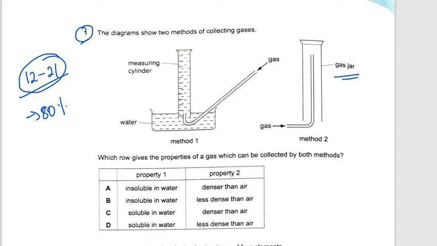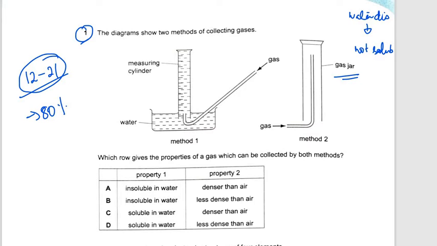I have already talked about this in the previous video, but for someone who is new, the water displacement method is used for gases which are not soluble in water, obviously. If it is soluble in water, it will give you some incorrect gas, or maybe you will not get gas at all because it already dissolved in water.